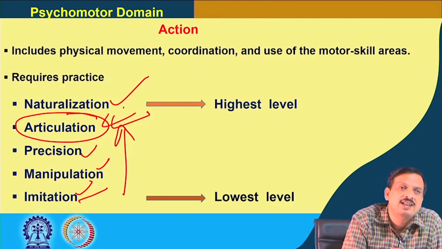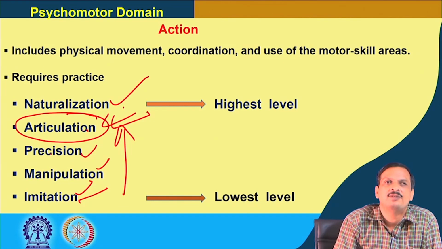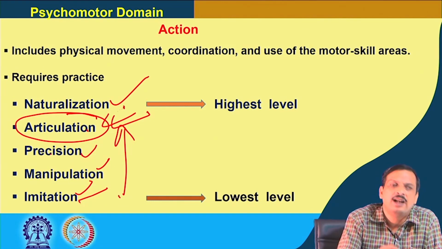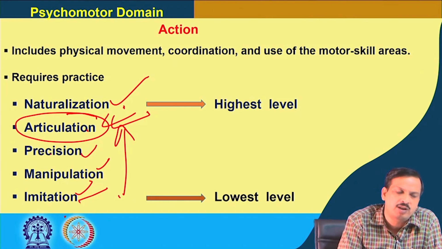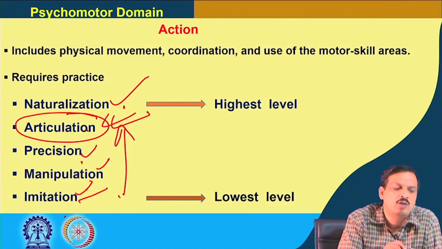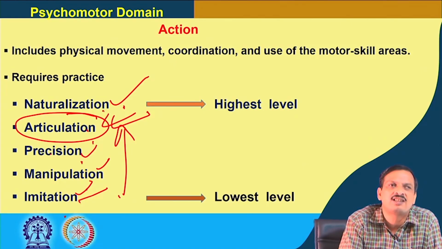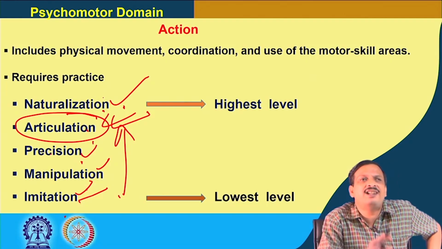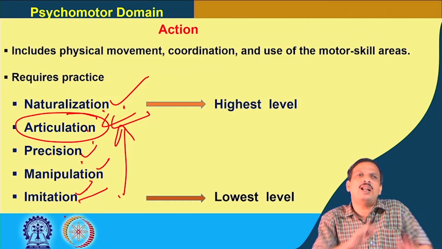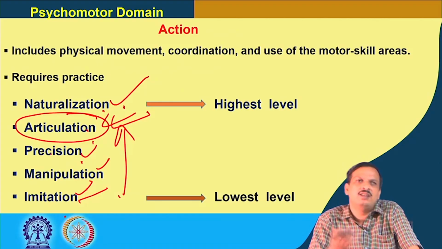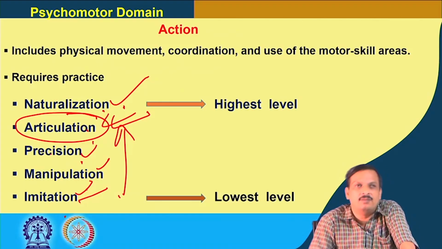That is why he reached here. So, low to high, I have explained what imitation, manipulation, precision, articulation and naturalization are.